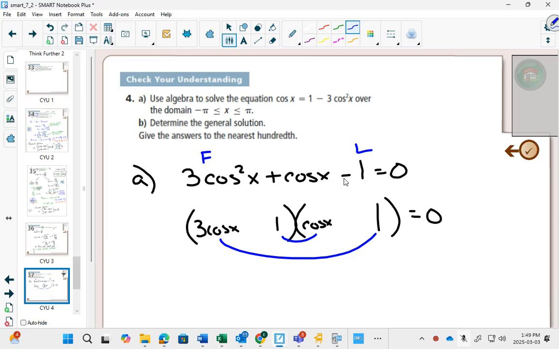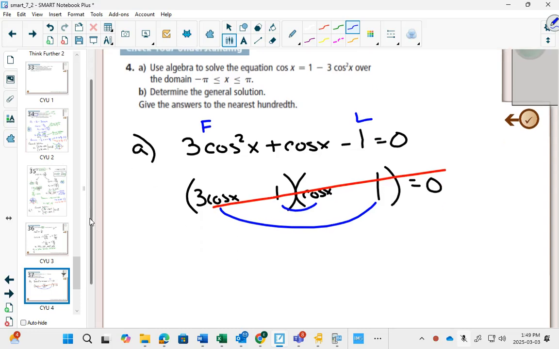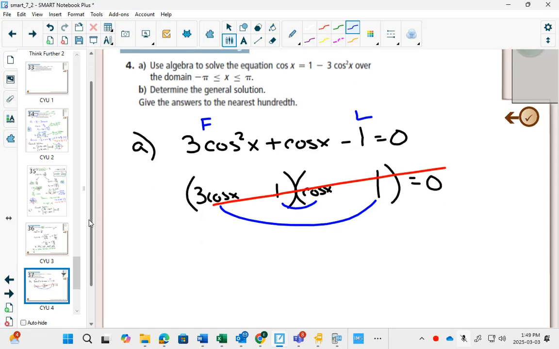I need a 1. So I tried to factor it only to find out it is not factorable. So then I have to go to the quadratic formula. When you get really good at factoring, how fast could you tell that it was not factorable?